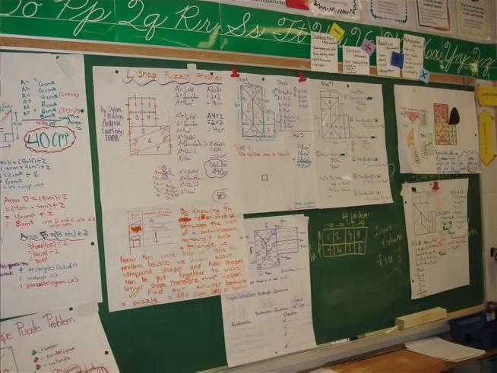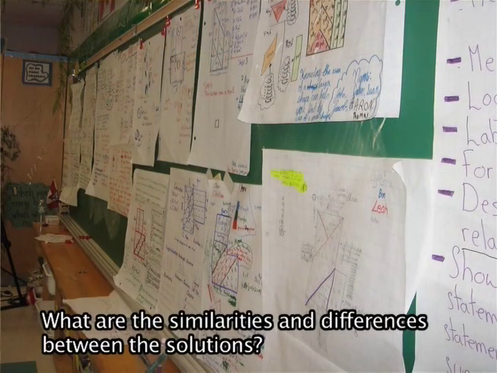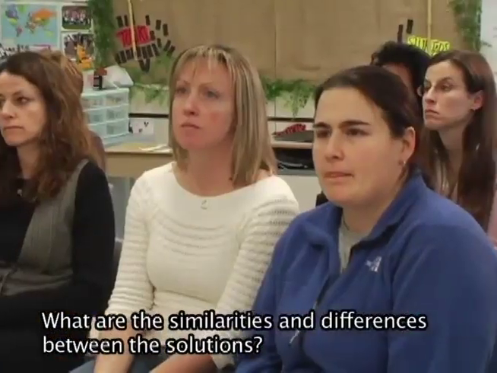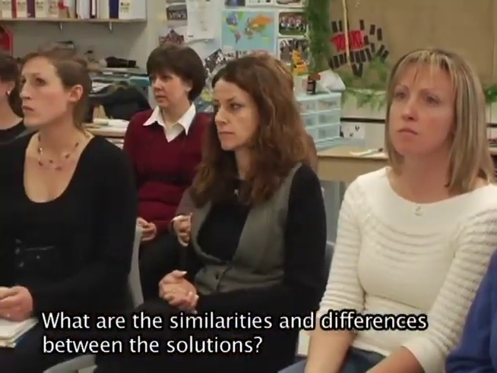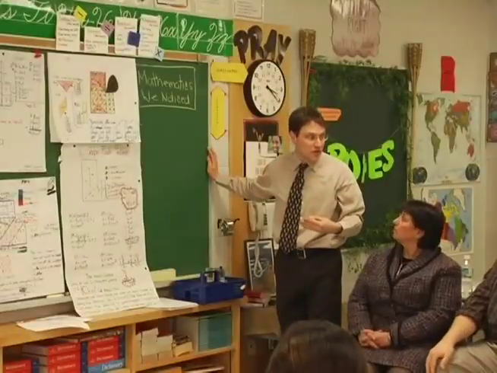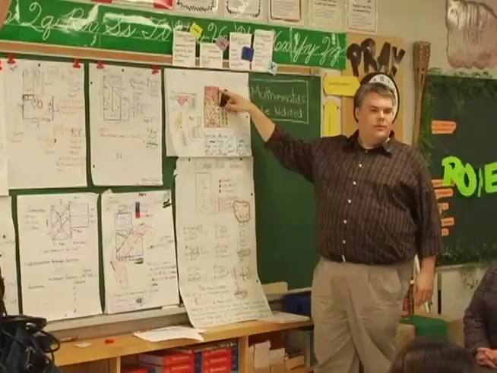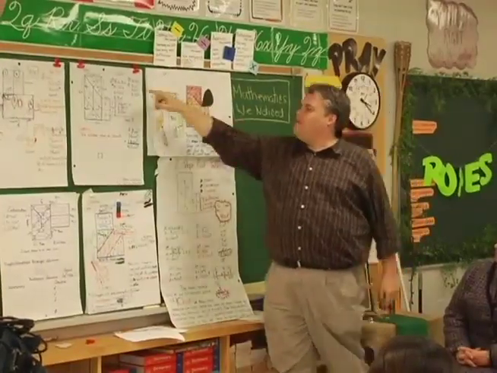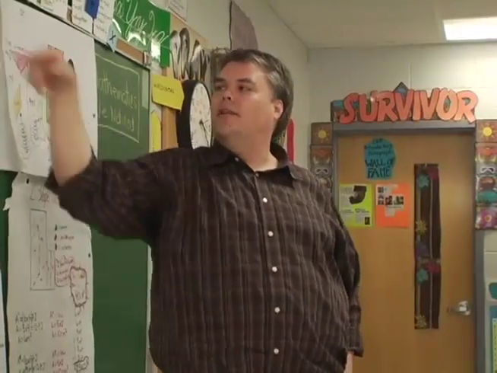We can look across solutions as well, so we can compare solutions. What exists in one solution that might not exist in another one, or what are the similarities between the solutions? So we're going to list out some of the mathematics that we noticed. This group seemed to count each of the squares and the half squares to get the area, and this group actually looks like they used the formula because they've drawn a line to show the height of the triangle, and they used the formula to get the area.